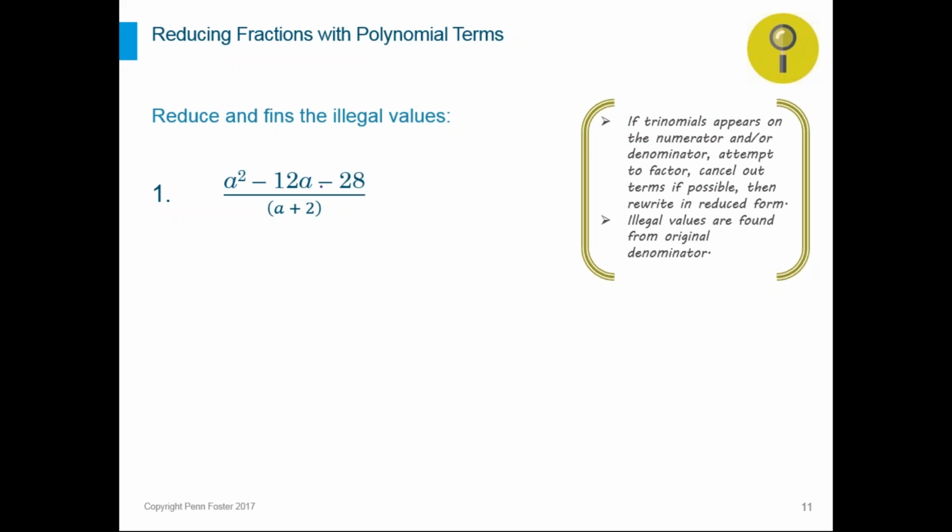Now, this fraction has a trinomial on the top and a binomial on the bottom. What should we do to reduce that fraction? Remember that we learned how to factor trinomials. How we factor trinomials is that we have two sets of parentheses.